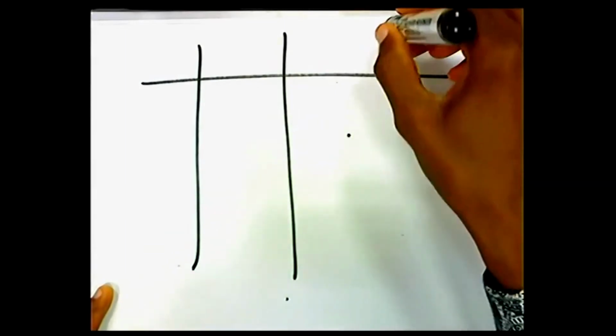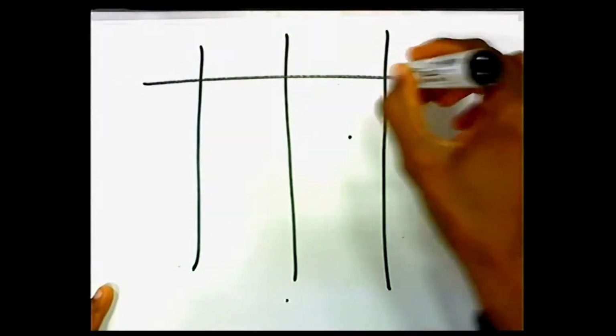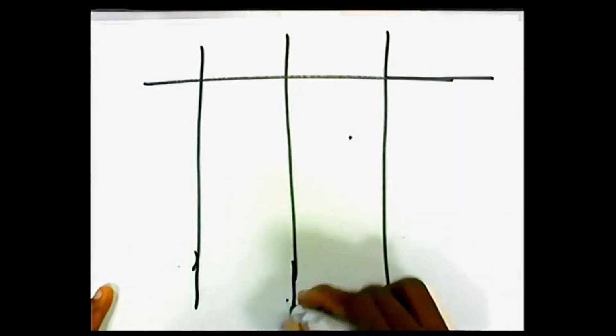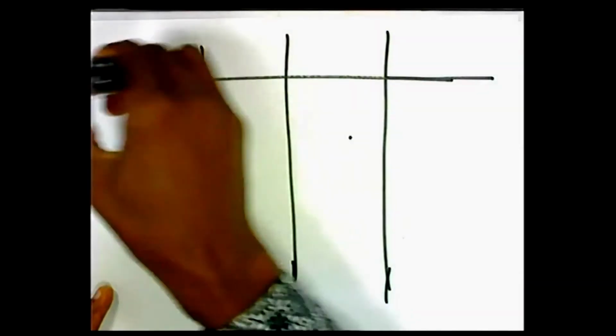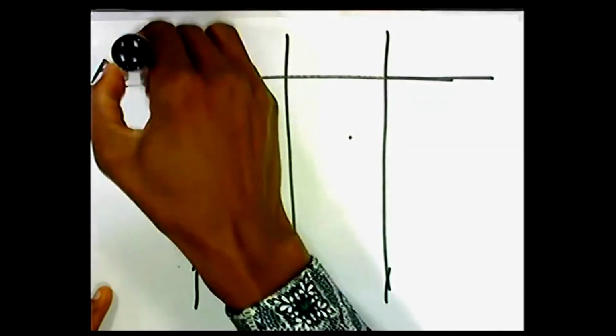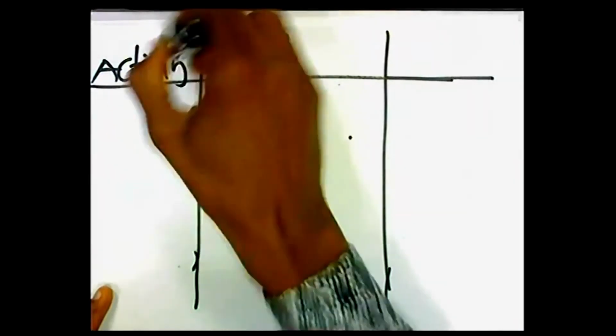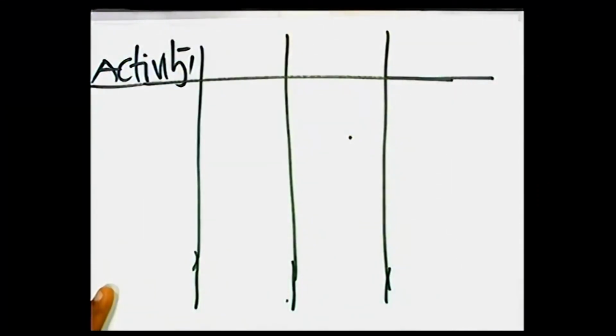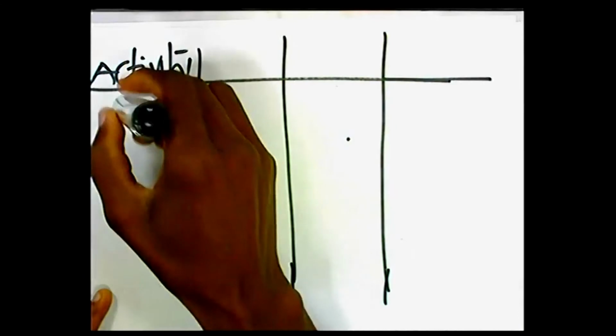So what I normally advise my students to do is present this in a table. I'll draw a little table here. Because either of the two would give you the same answer, you don't necessarily need to pick all of them. So I just say activity, and what I'm going to do next is to list my activities.